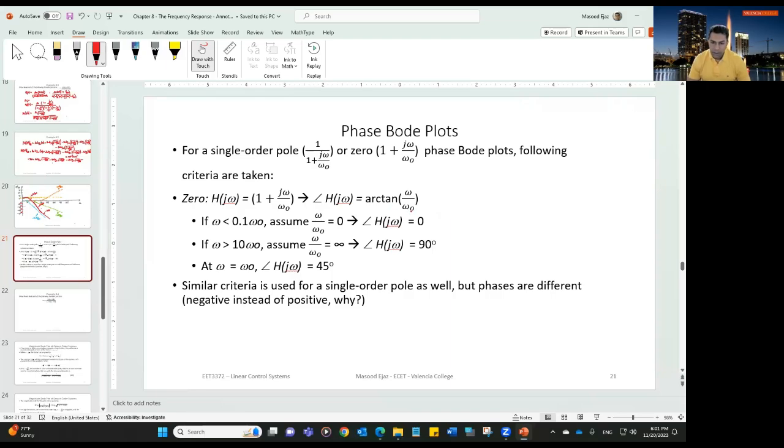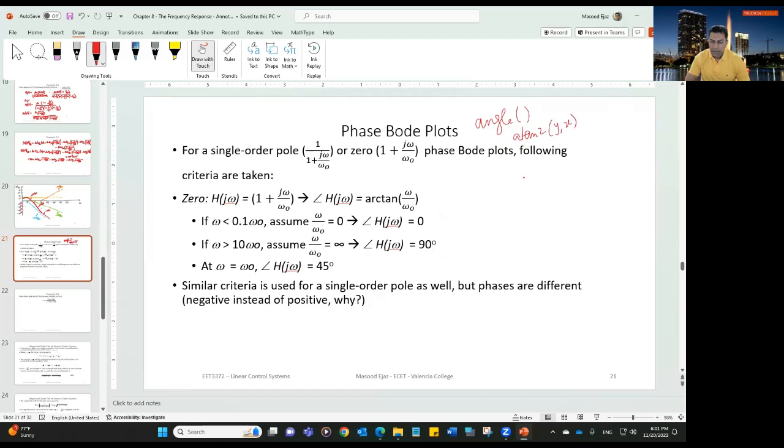If it is in the second quadrant, you will have to add 180 degrees to get the correct angle. And if the point is located in the third quadrant, then you have to add negative 180 degrees to get the correct angle.